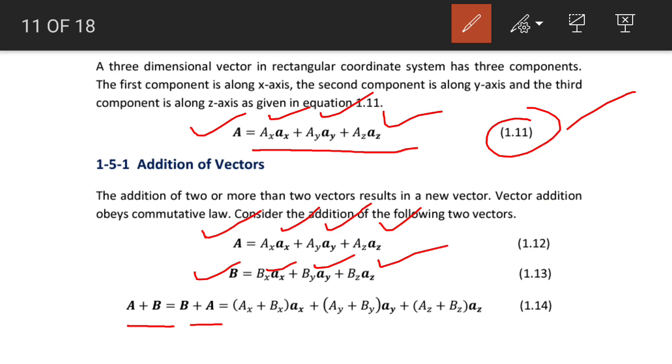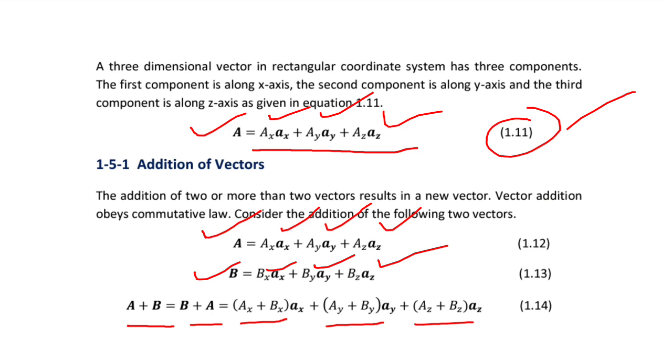In this particular case, we add the x component of a with the x component of b, and it will be along the x-axis. We add the y component of a with the y component of b, and this resultant component will be along the y-axis. And we add the z component of a with the z component of b, and this resultant component will be along the z-axis. So this is how we add two vectors in the rectangular coordinate system.